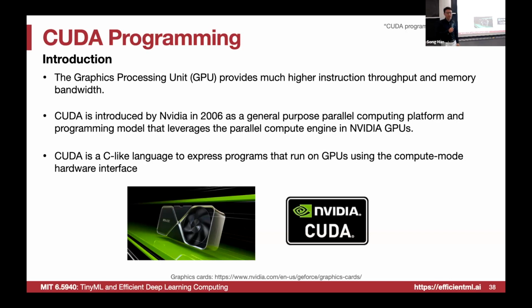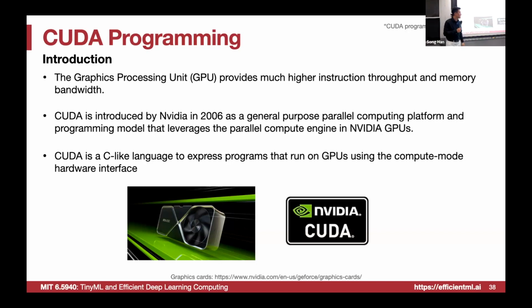So the GPU provides much higher instruction throughput and memory bandwidth. And CUDA is the programming model introduced by NVIDIA more than a decade ago, almost 2 decades ago. It has very good backward compatibility, making it a very advanced programming model for NVIDIA GPUs, super helpful for accelerated AI computing.